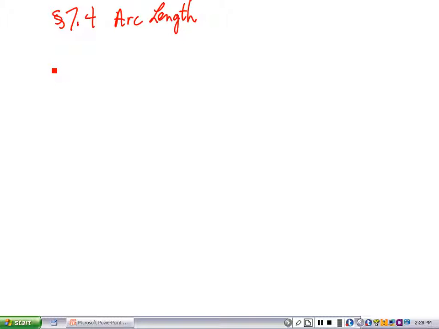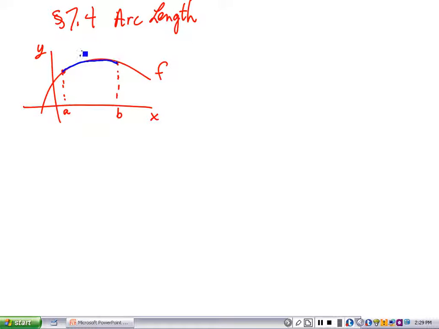Well, we define by looking at the graph of a function, some continuous function, and I want to measure the distance, let's say here, from A to B, and I only want to measure along the curve. So I want to find the length along the curve that we call little s, the arc length.